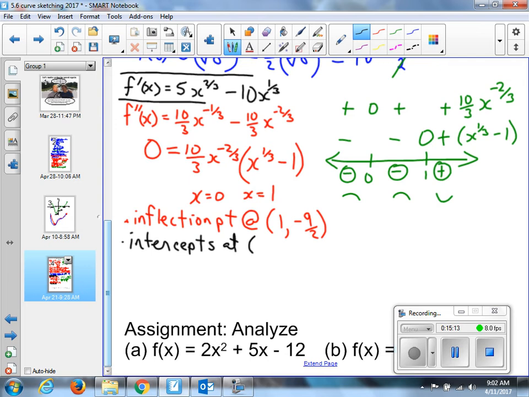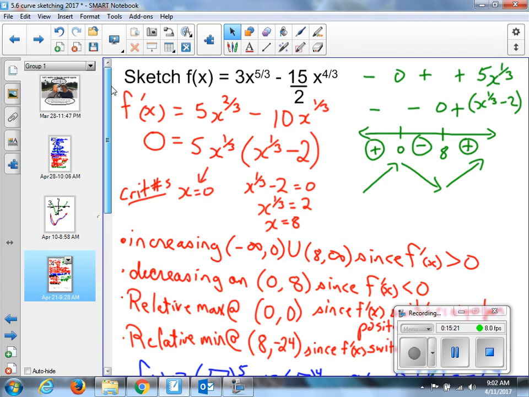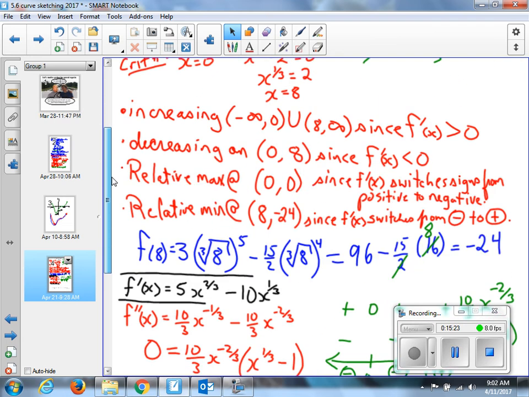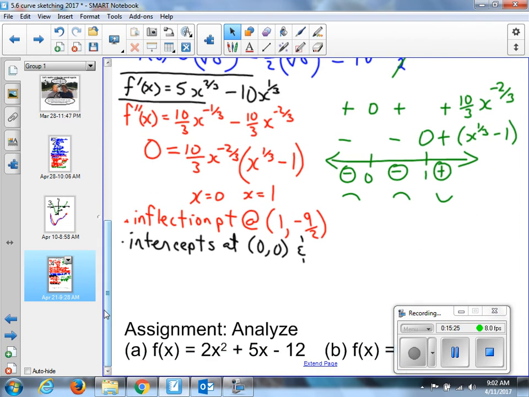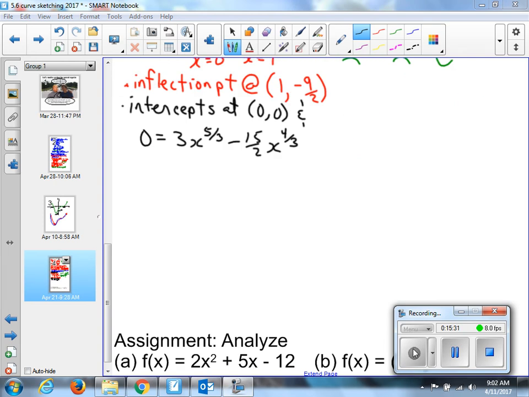Yeah, we saw 0, 0 already. And is there another one? Well, we got to take the original expression, yowzers, set it equal to 0. That means we've got to do some factoring, some moving on this one. I'm going to pause this and get set up. So now we're in the business of finding the other intercept, and it ain't going to be nice.